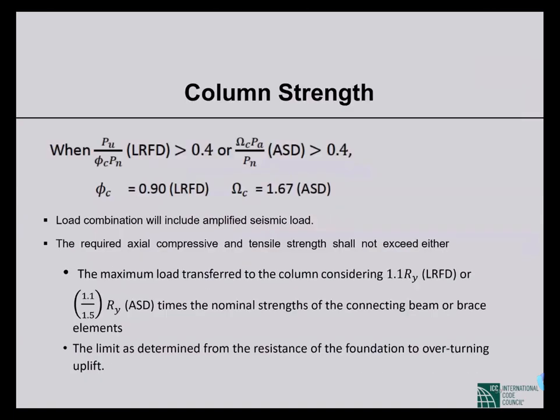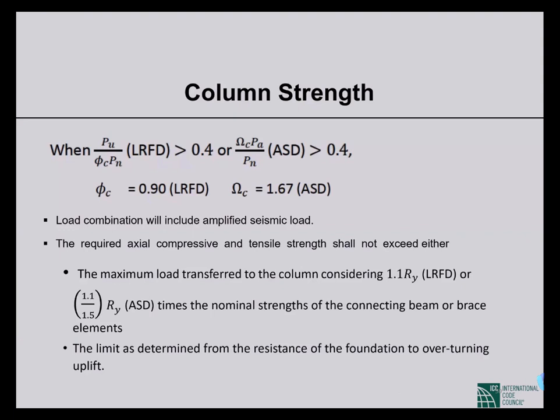So column strength depends on the actual vertical force that is coming onto it, gravity load, by capacity. So here the load combination will include the amplified seismic load for column.